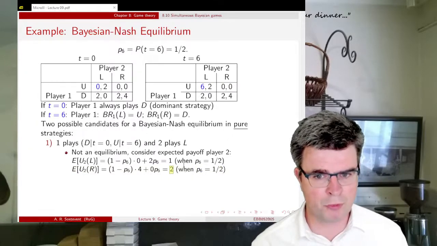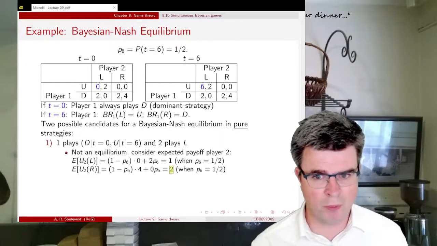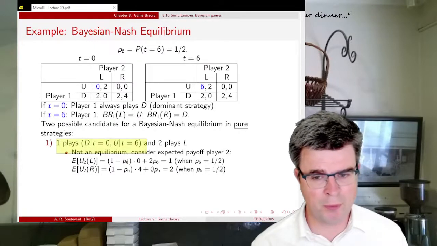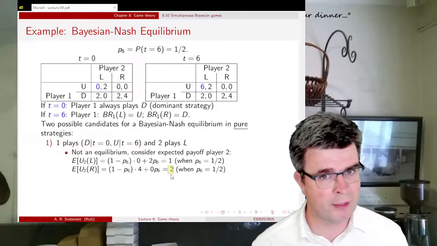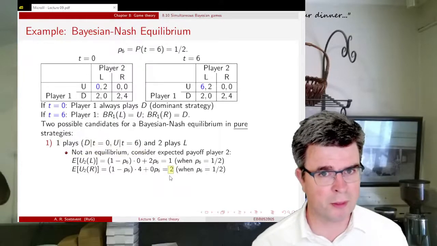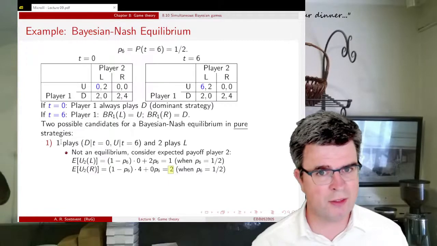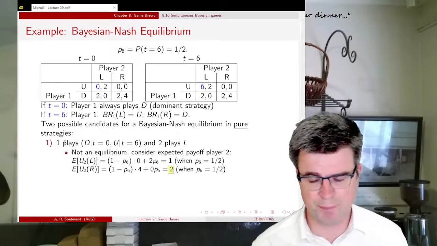And what we observe is that player 2 playing L, given the strategy of player 1, is not optimal here. He can do better by deviating to playing right, because the expected payoff of playing right is more than the expected payoff of playing left. So this candidate is ruled out as a Bayesian Nash equilibrium.